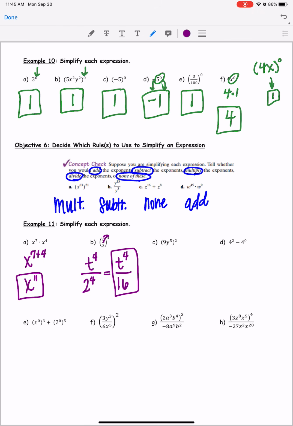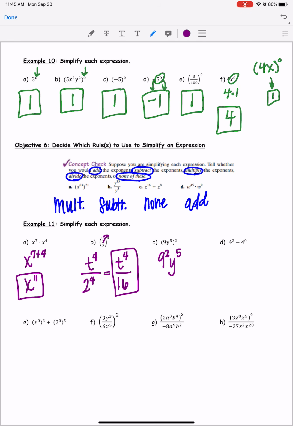Okay, C, be careful here. This is when you're distributing, but what am I distributing that squared to? That 2 to two different things, we need to do to the 9 and to that 5. So I have 9 squared, and y to the, we're going to do 5 plus 2 or 5 times 2.